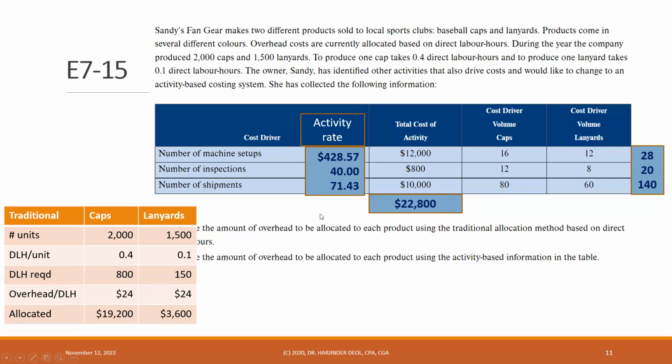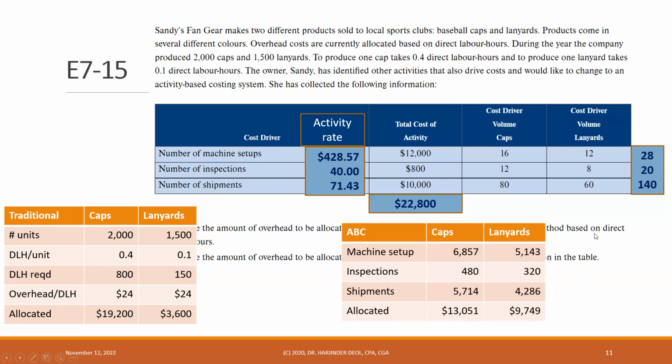So under activity-based costing then, the cost that will be allocated for the caps for machine setups at a rate of $428.57. For 16 machine setups, the cost works out to $6,857. And for the lanyards, 12 times 428.57 is $5,143.